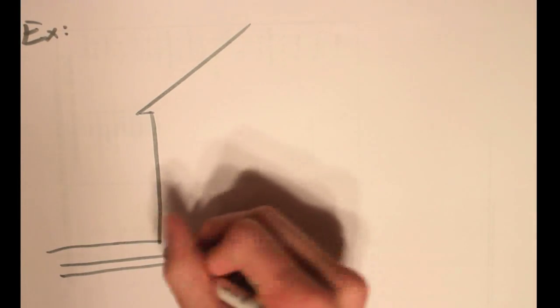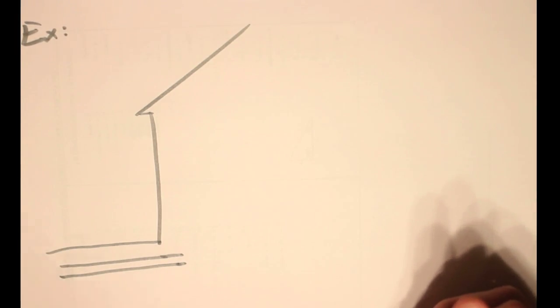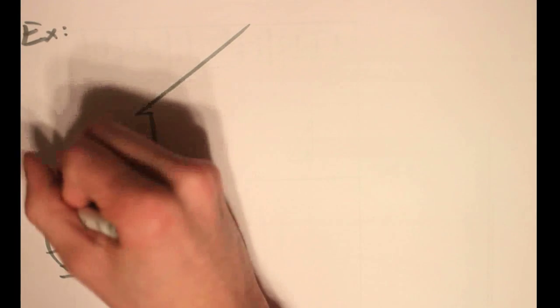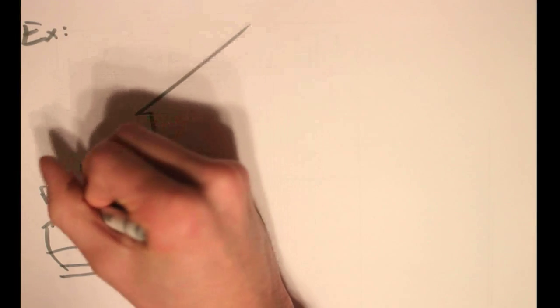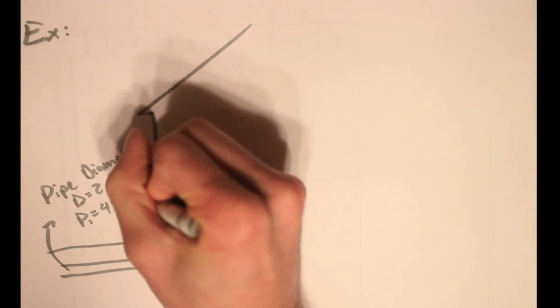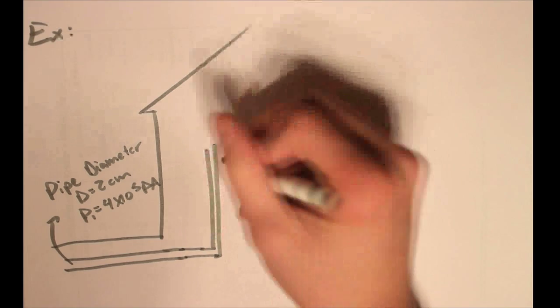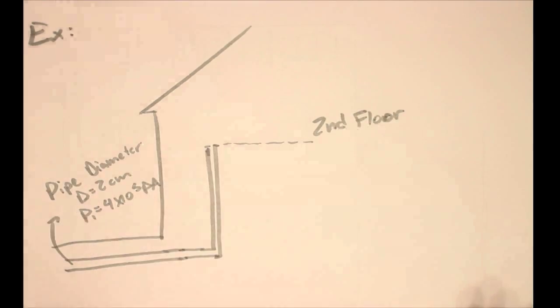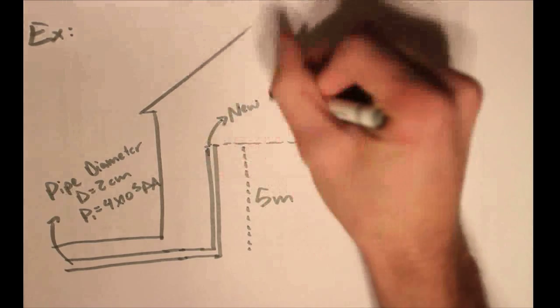Let's try this example problem. Let's say I've got a two-story house and I've got a pipe coming in, and let's say that this pipe has a diameter of 2 centimeters. Now, this pipe flows in and then it goes up to the second floor. Now, the initial pipe has a pressure of 4 times 10 to the 5th pascals.